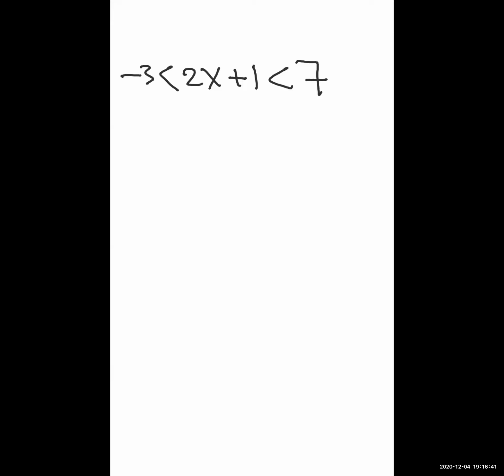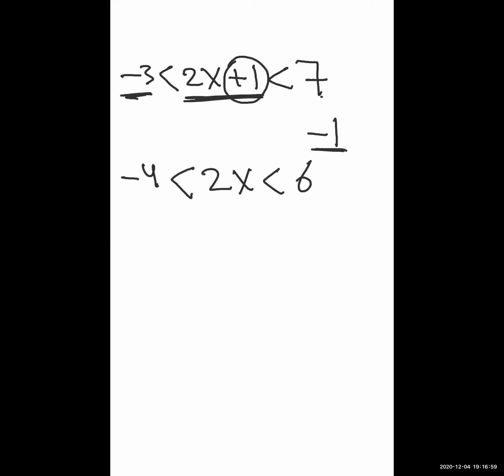First, this is 2x plus 1. I want to remove this one, so subtract 1. So 2x greater than -4, because -3 minus 1 means -4, and 7 minus 1 means 6. Then now divide by 2. Then x greater than -2 and less than 3. Now the solution set will be -2 and 3.